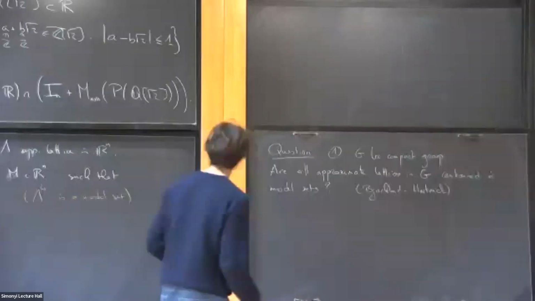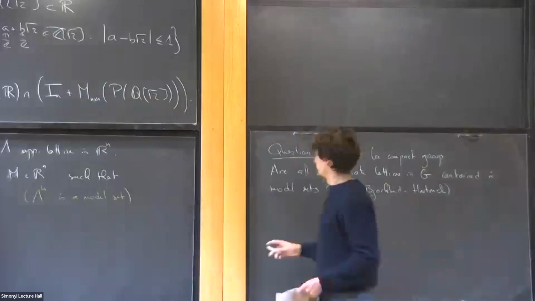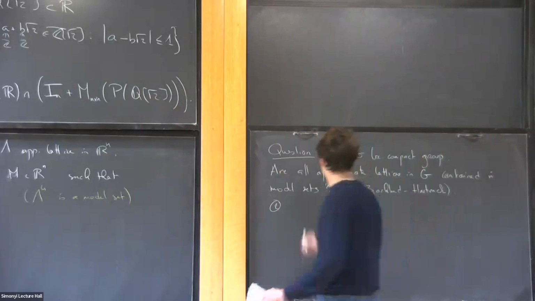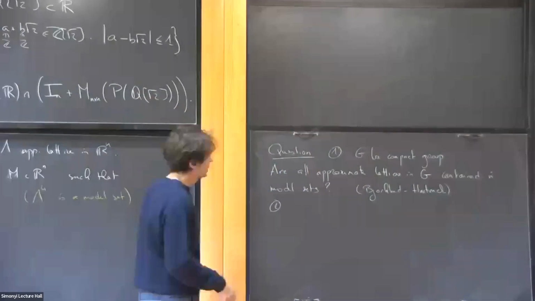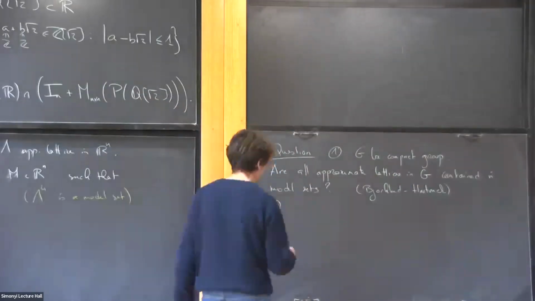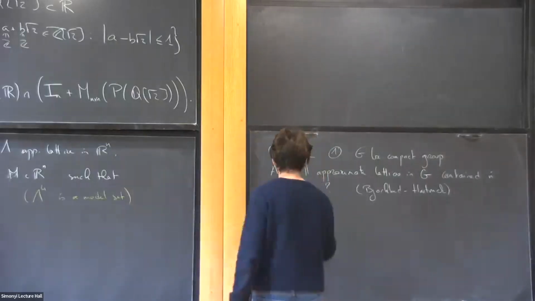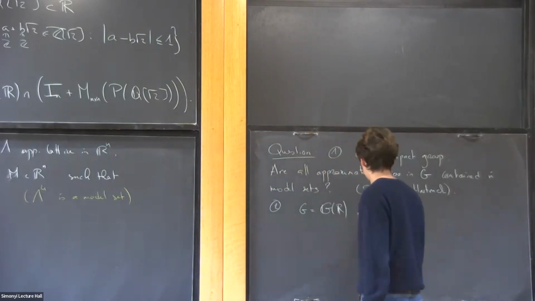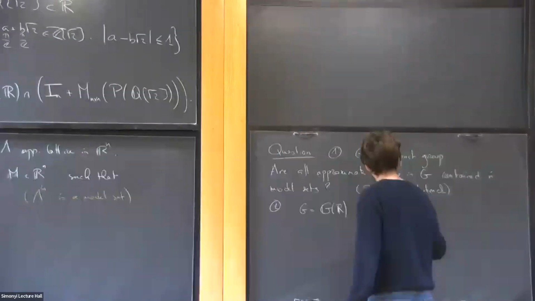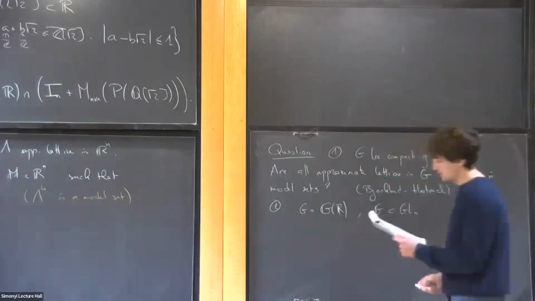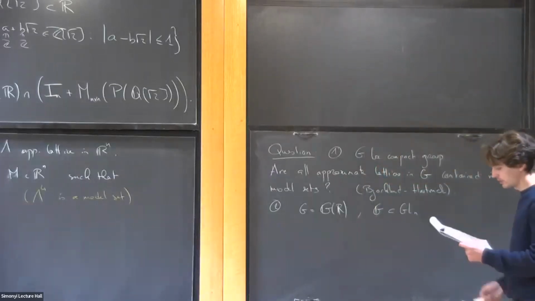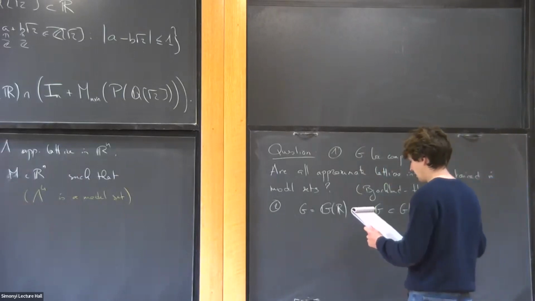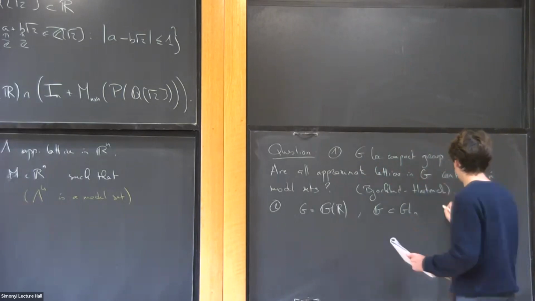Okay, a second question that arises naturally when you have the examples 3 and 3 prime in mind is that, if I have something with a bit more structure than just G locally compact, say if G is equal to, let's say, G of R, so the R points of an algebraic linear group defined over R, for instance, it could be any local field. Okay, so I fixed that.